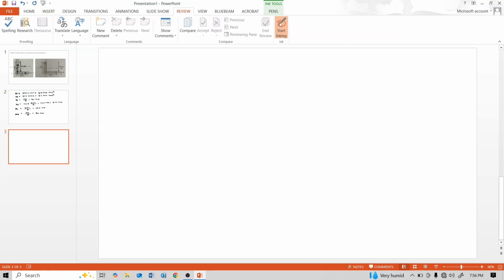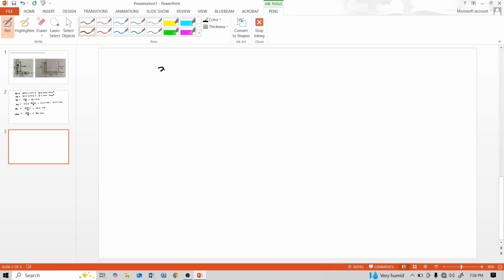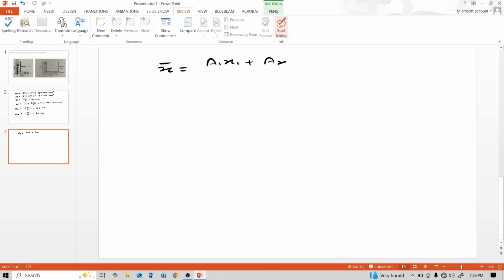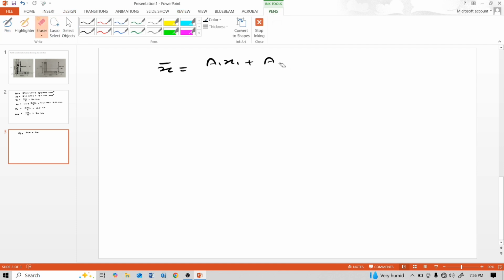For calculation of the exact centroid, use the formula x bar is equal to A1 x1 plus A2 x2 upon A1 plus A2.